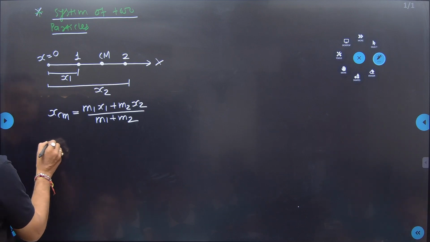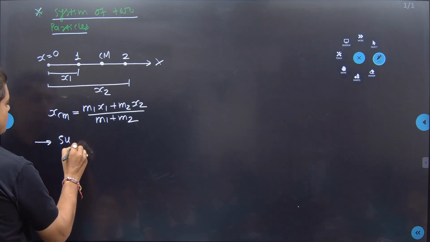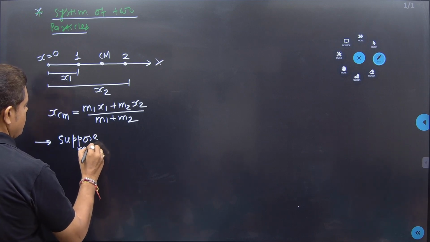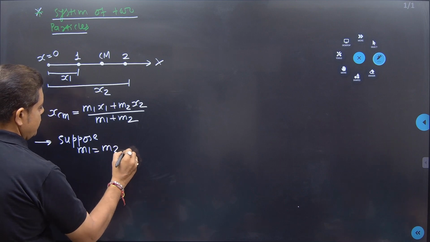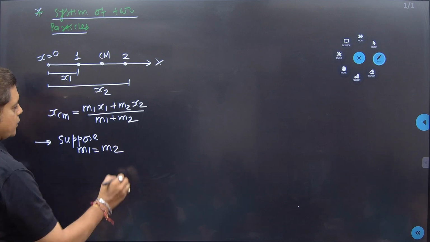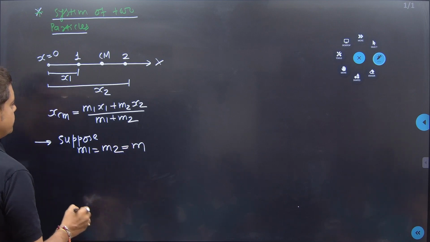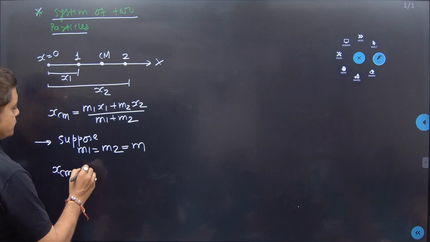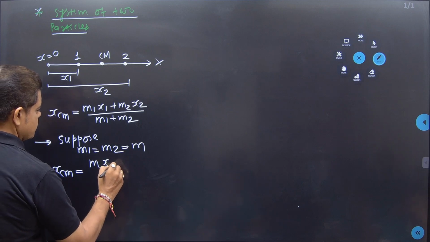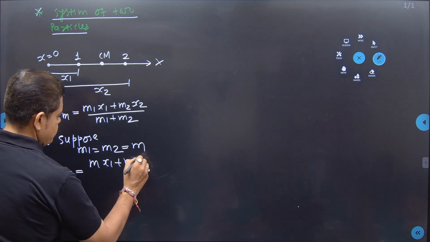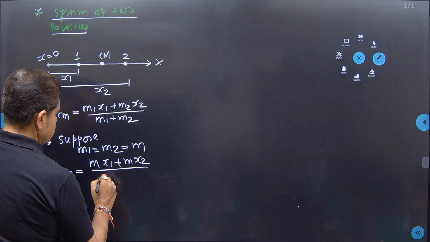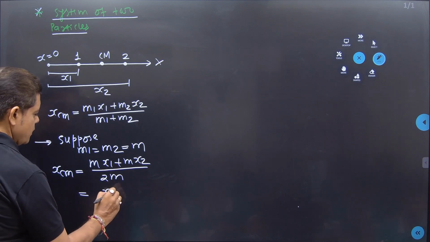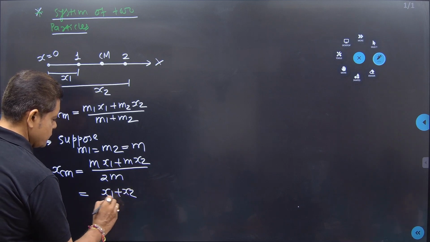Now suppose m1 is equal to m2, equal to m. So xcm is (m x1 + m x2) upon 2m, so it is (x1 + x2) by 2.